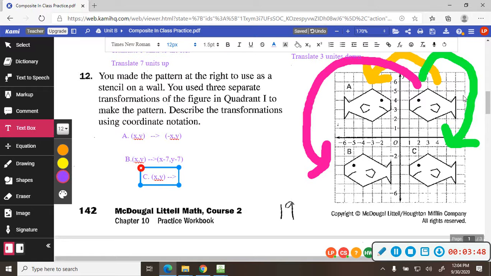Looks like it didn't go left or right at all, so I'll just keep that as x. That's the way you say, don't move it left or right. You might also see that written as x plus 0 or x minus 0. And then I'll go from the bottom, 1, 2, 3, 4, 5, 6, 7. It looks like it just went down 7.